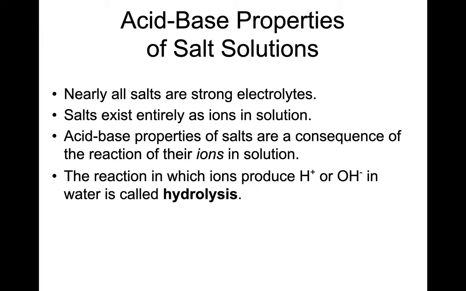And so when we're talking about the acid and base properties of salts, we're talking about the consequence of the reaction of their ions in a solution. When we dissolve a salt in a solution, it breaks apart into its ions, and those ions being dissolved in the solution give the solution its properties.